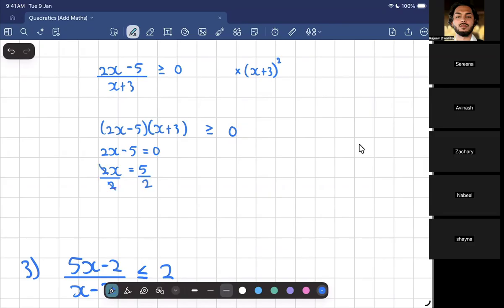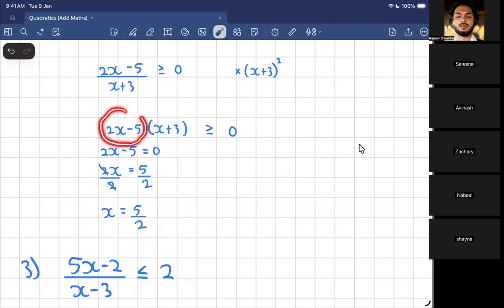So in other words, when x is equal to 5 over 2, it makes this what? Talk to me, Nabil. When x is equal to 5 over 2, if you plug it in, what do you get? All right, so let's reverse engineer this.